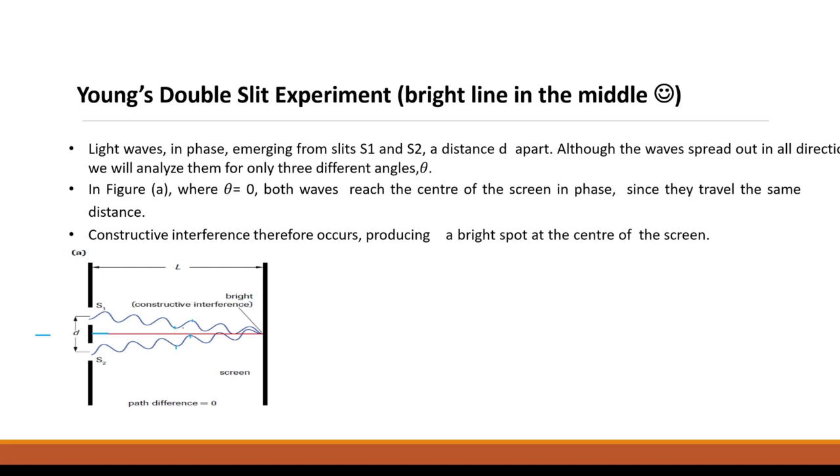So there won't be destructive interference at all. And so constructive interference occurs, which is what produces a bright spot on the screen, which happens here as they converge. And it makes sense, because the waves are constructively interfering with each other, so they're going to be making a stronger magnitude wave when they're in line like this.